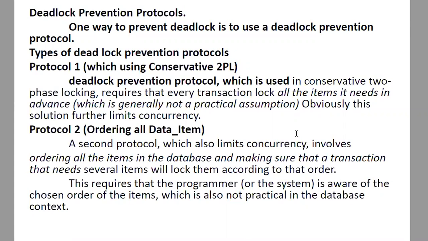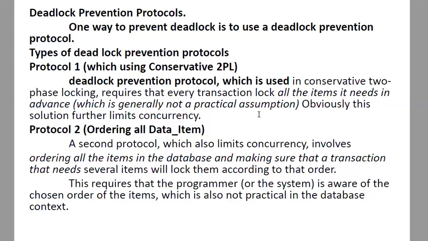Otherwise, if any one of the data items, for example Z, has been locked by another transaction, say T2, and is not free now, then T1 will not proceed. This type of protocol is called conservative 2PL. It is actually deadlock free, but practically it is somewhat difficult to implement, and there are limitations.